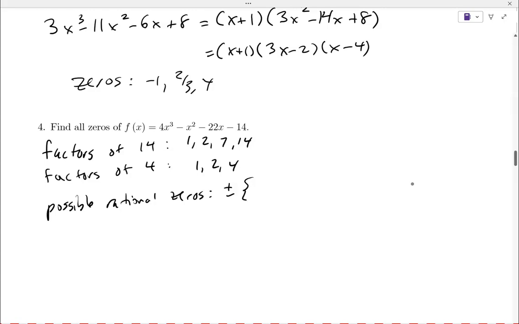What are your possible rational zeros then? Here's a 1, 1/2, 1/4. What are the next set? Yeah, 2. 2 over 2 is 1. 2 over 4 is 1/2.